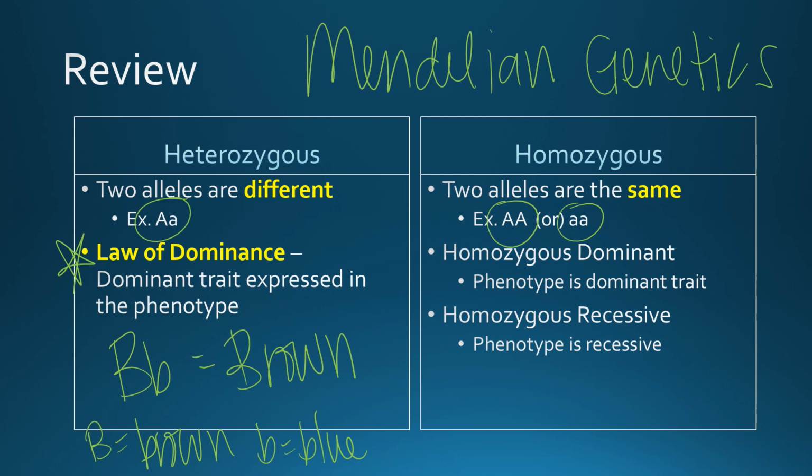For homozygous individuals, if I have two capital letters, a homozygous dominant genotype, that individual will have brown eyes. My homozygous recessive individuals, who have two recessive alleles in their genotype, will show blue eyes, or that recessive trait.